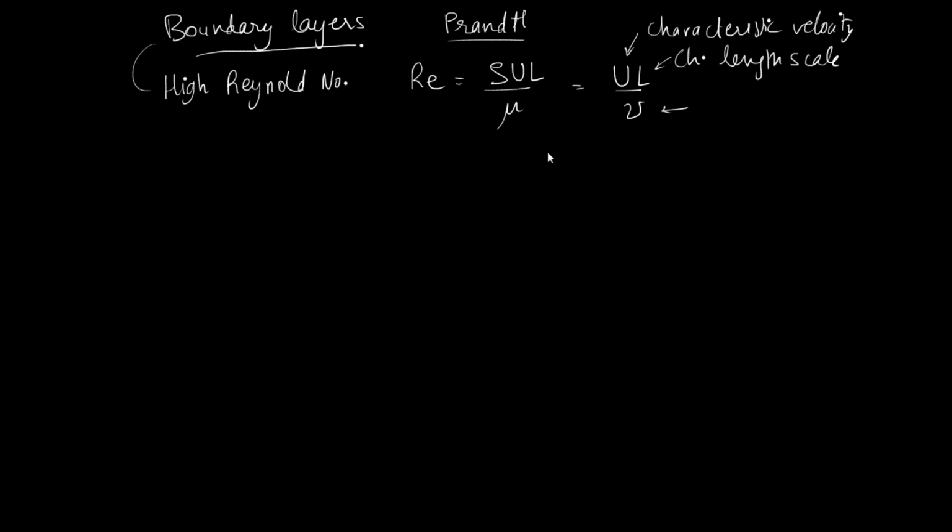Actually, we can recast this. The time taken for an advective process is L upon U. You can verify that the units are those of seconds. But the time taken for diffusion of momentum is L square upon nu. If I take the ratio of T diffusion upon T advection, we end up with L square upon nu times U upon L, and this boils down to U L upon nu.